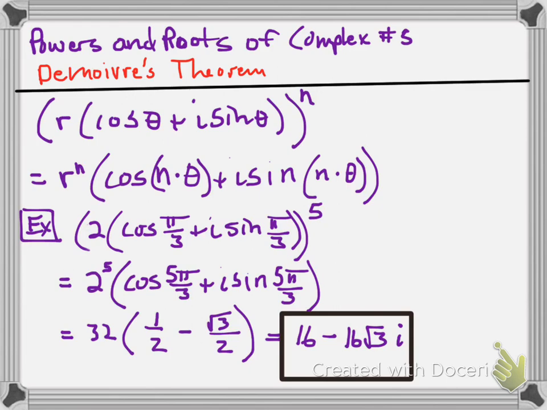Okay? Now, I want to show you what we've actually done here using De Moivre's theorem. If we take this original complex number and put it into rectangular form, we're done with the problem. But I want to show you what we've done. Cosine of pi over 3 is 1/2, right? 2 times 1/2 is 1.